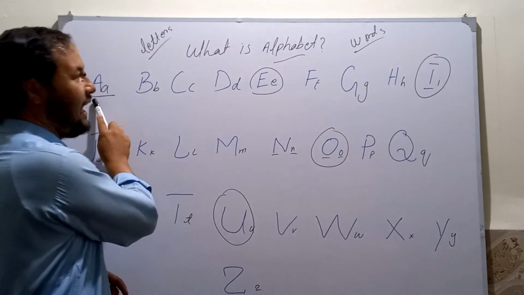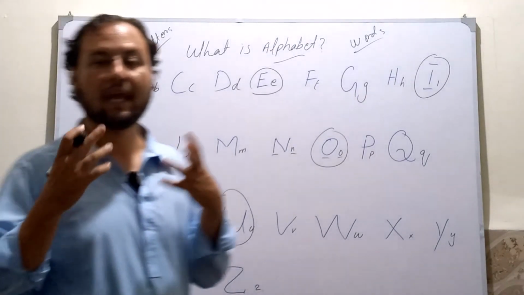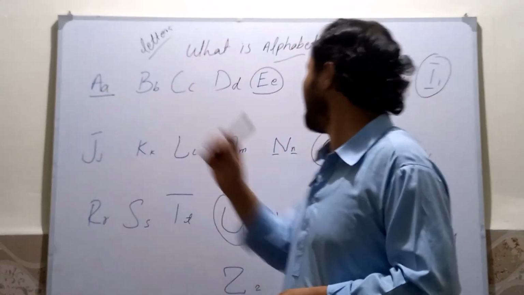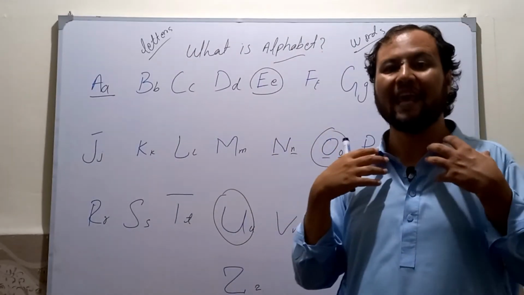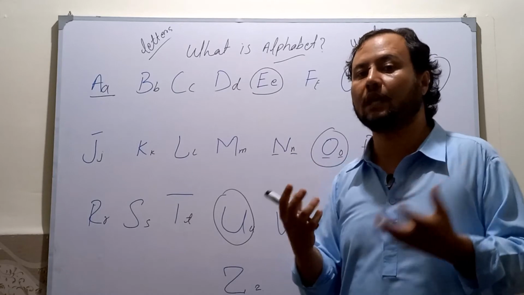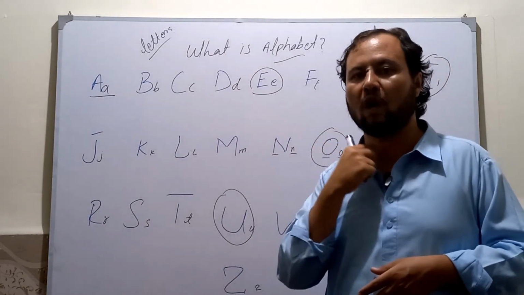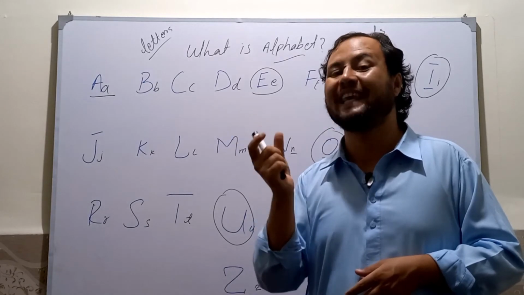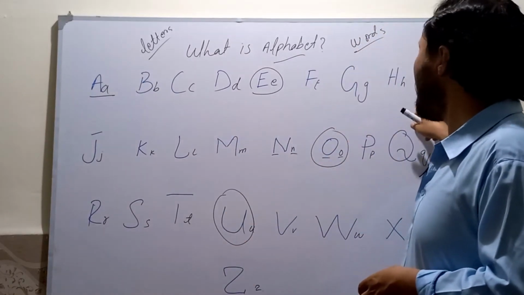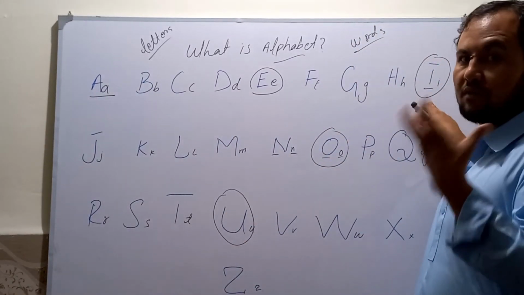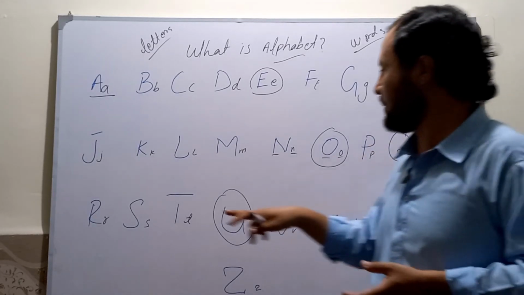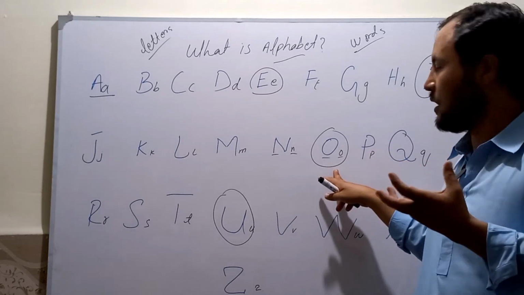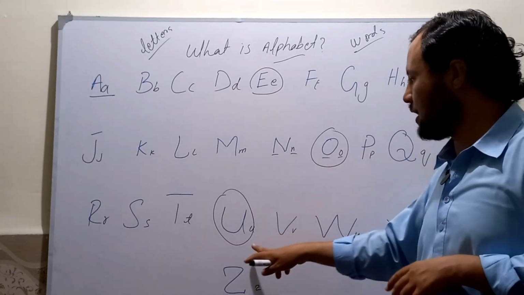Number 1 is A. When we pronounce it, the sound comes directly from our throat. E, when we pronounce E, there won't be any stop. Like I, when we pronounce I, they are called vowels. Then O, no stop.